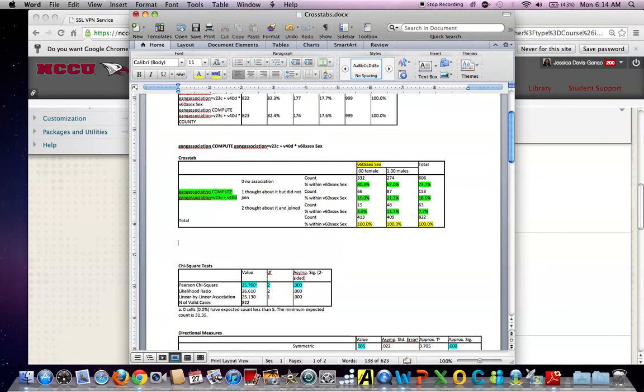When it's positive, a positive relationship is saying that the higher values, or the lower values, but let's go with the higher values, on one variable are associated with the higher values on the other variable.